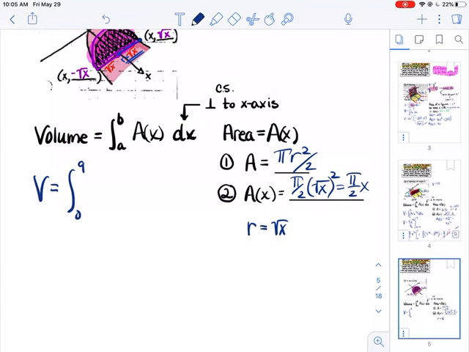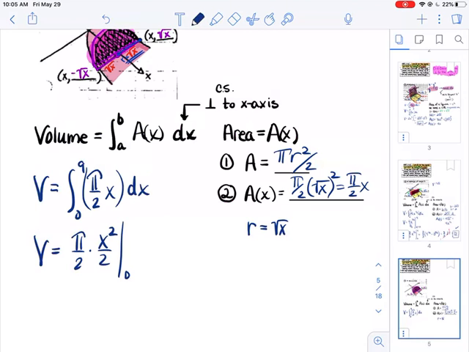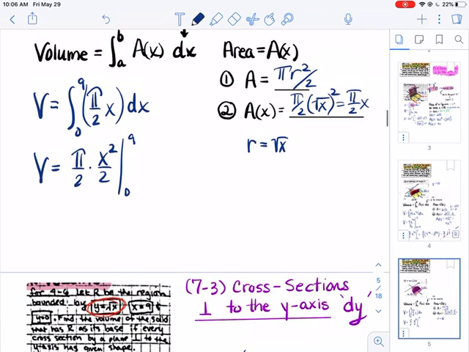So we integrate the area, pi over 2x, and there's our dx. So we end up with a volume is equal to pi over 2 times x squared over 2. We're going to evaluate from 0 to 9.